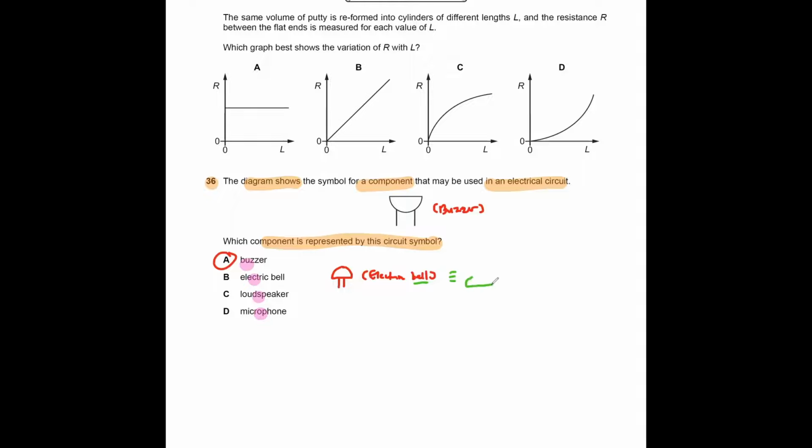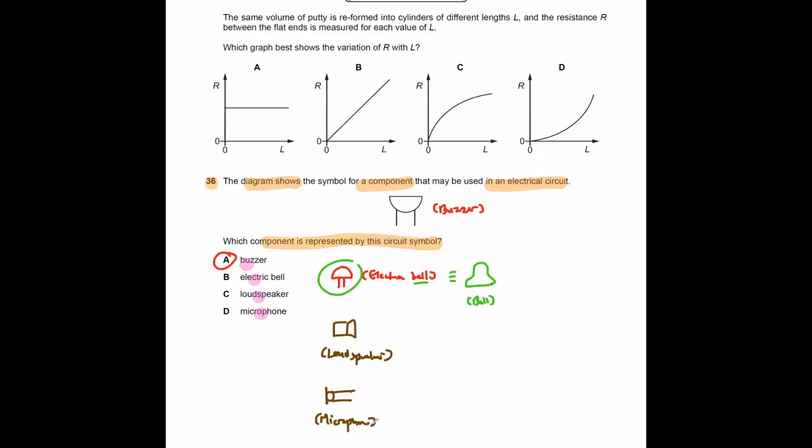The shape of a bell is something like this, right? So I know that, yeah, it's going to be something like this. All right. So electric bell is like that. Now loudspeaker is going to be something like this. This is loudspeaker. And then for microphone, it will be something like this.